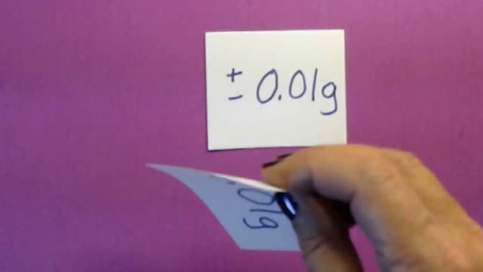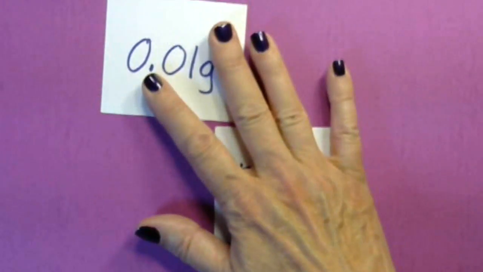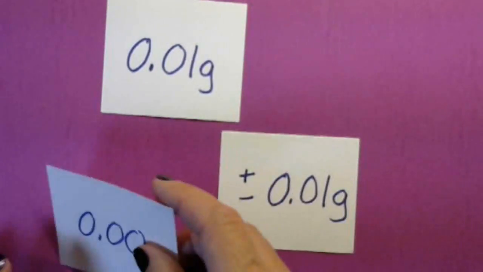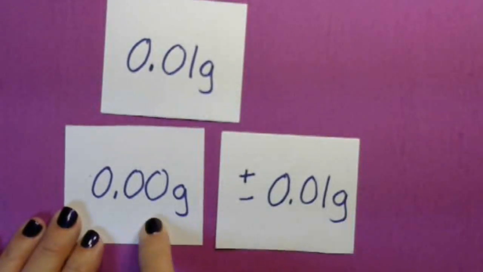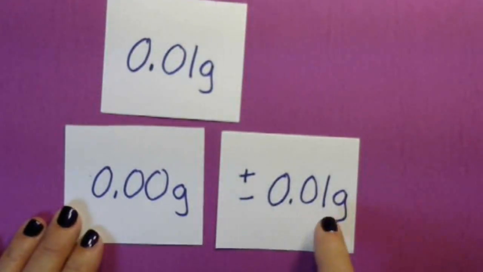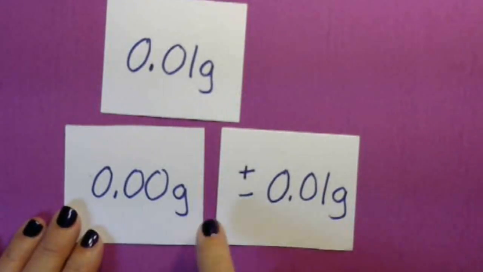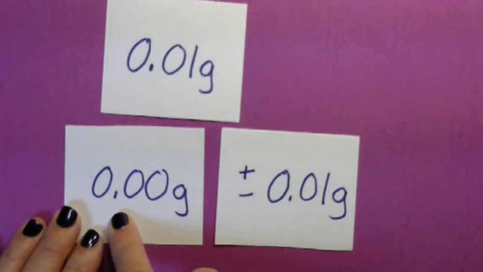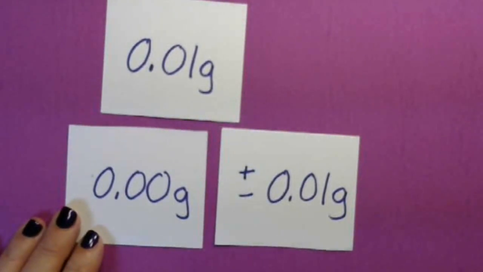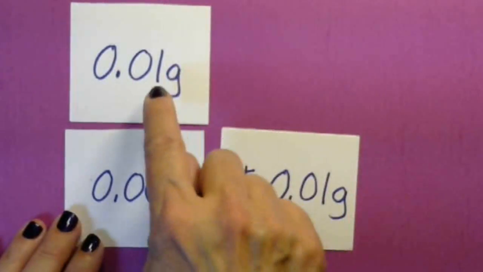Well, you have to kind of remember what this value represents. Before you put anything on the balance, this is what it reads, nothing. You can zero it out. There's nothing on my balance, it reads 0. I can read it to the hundredths place, but there's nothing on my balance. None of these values are significant because they represent nothing. I just add a little speck of material and it gets to this.